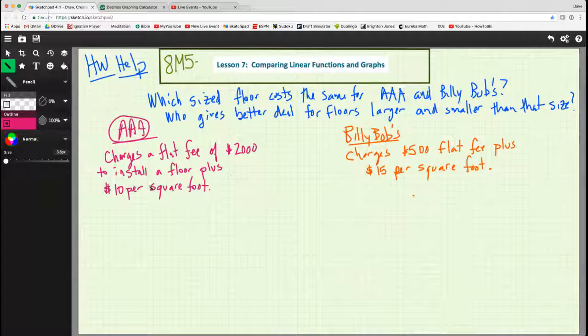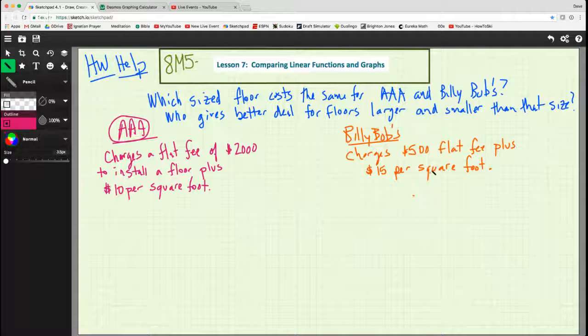So if you have a house with 10 square feet that you need to install, they would charge you 10 times 10, $100 plus the $2,000 to come out. Billy Bob's, on the other hand, they charge $500 flat fee for coming out, a lot less to start, but they charge $15 per square foot. So they charge more money per square foot.